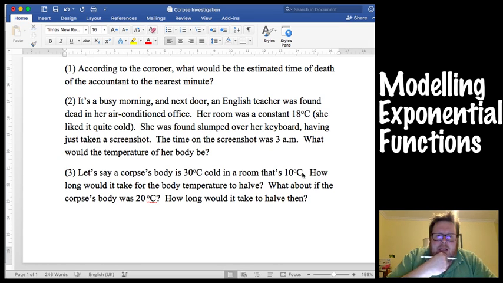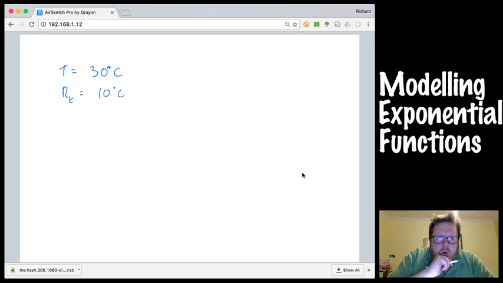So let's work out what t is. We don't actually really have to work out what t is exactly, because we're just after how long would it take for the body temperature to halve. So let's call the function t sub 1. And t sub 1 is whatever the number of hours is after death, such that the temperature of the body is 30 degrees Celsius when the room temperature is 10 degrees Celsius.